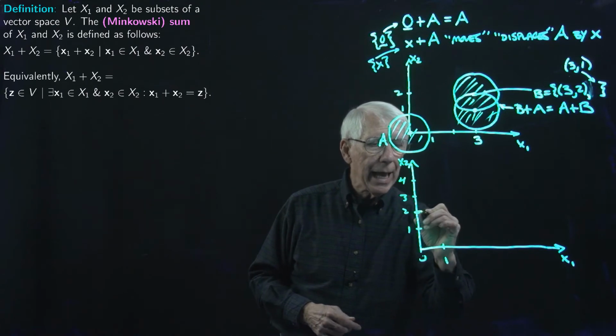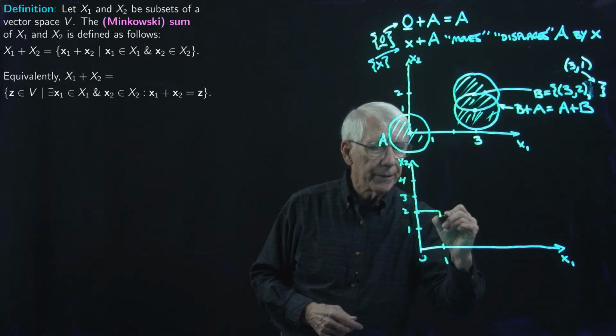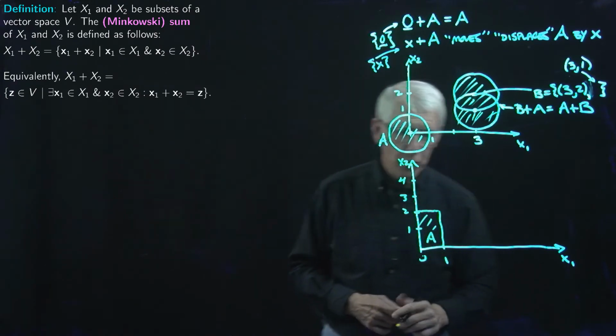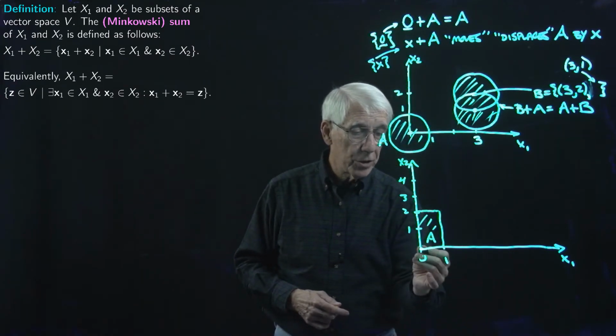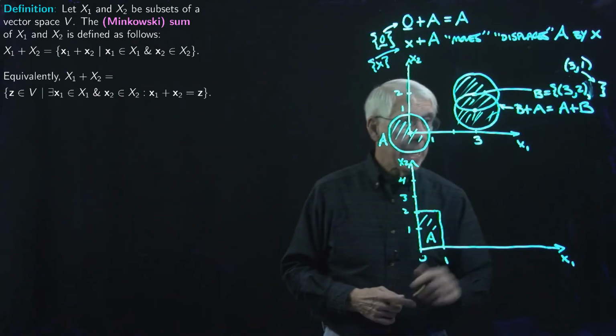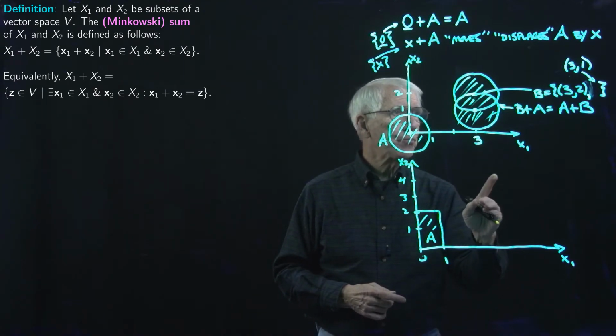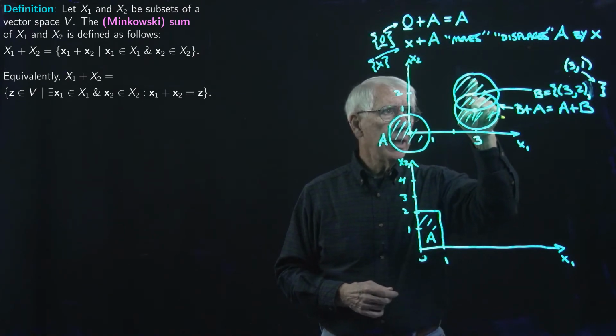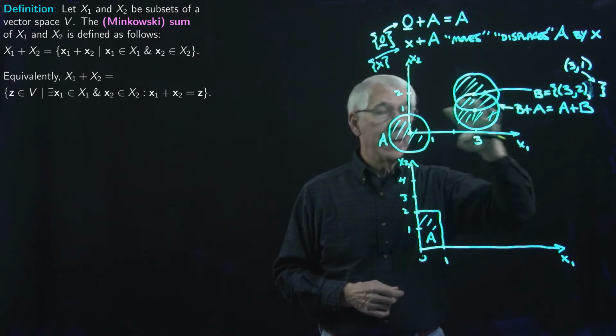And let's let A be this rectangle here. So A is this rectangle, which does include the origin, which is going to be convenient. And let's let B be this disk here that we got from forming A plus B before.